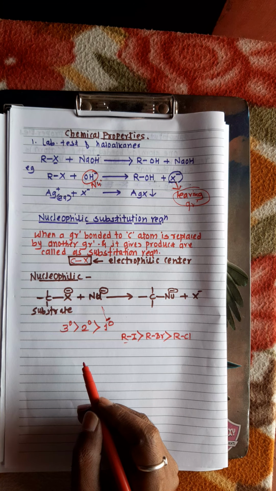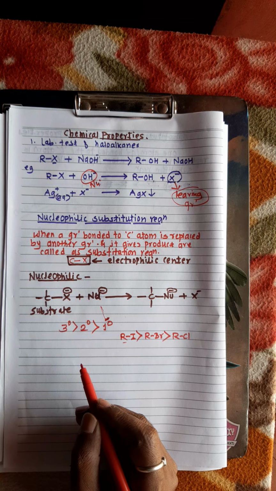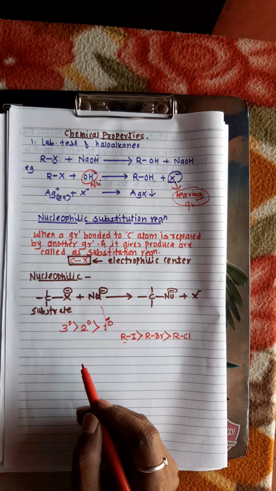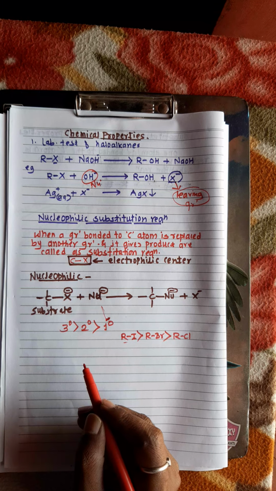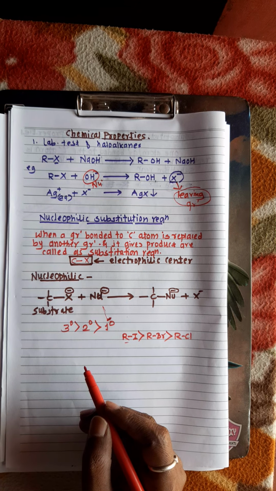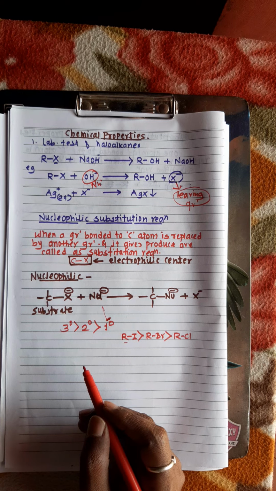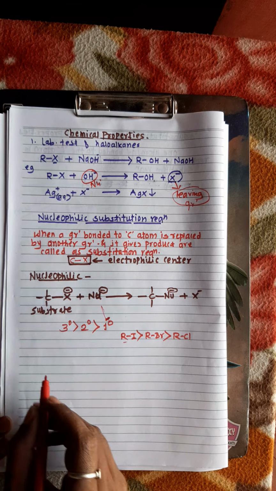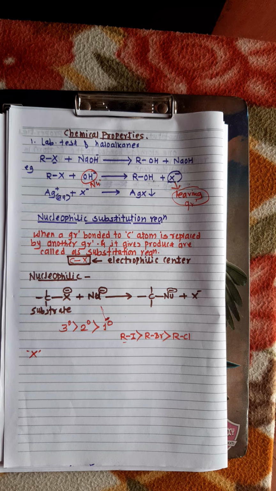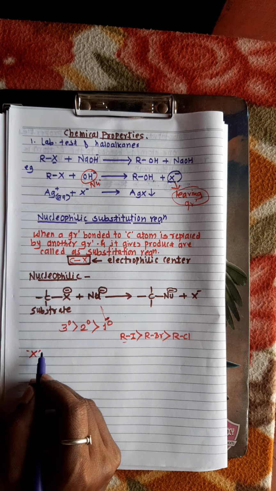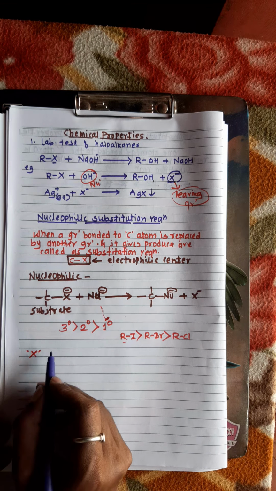In nucleophilic substitution of alkyl halide, the halide is always the leaving group. The leaving group takes the bond pair electrons.